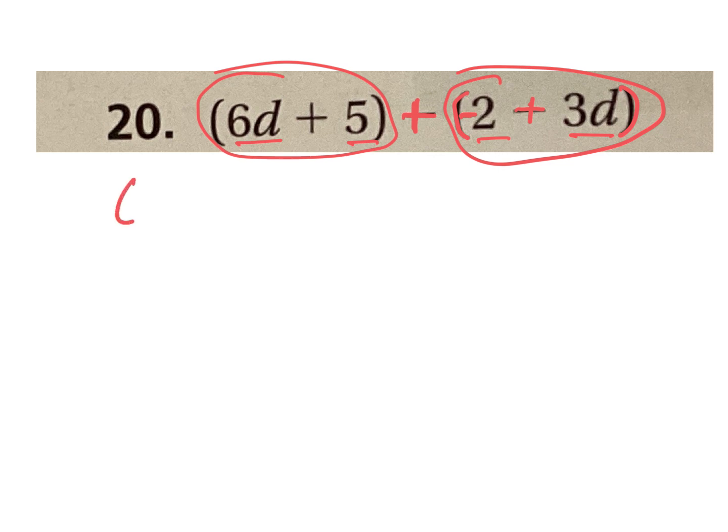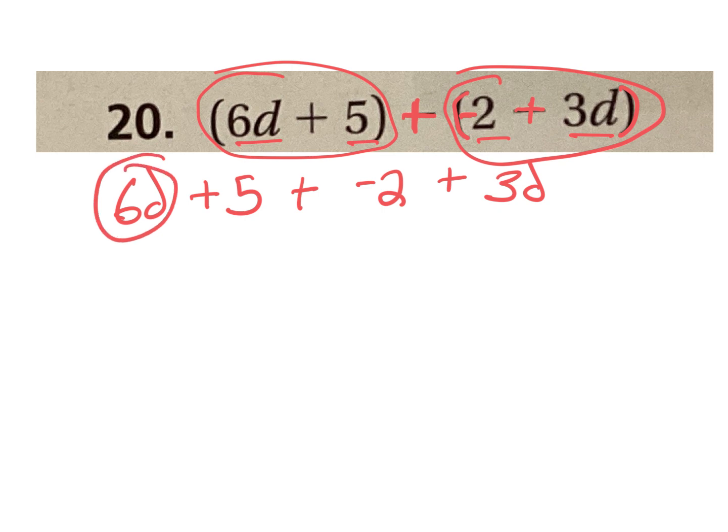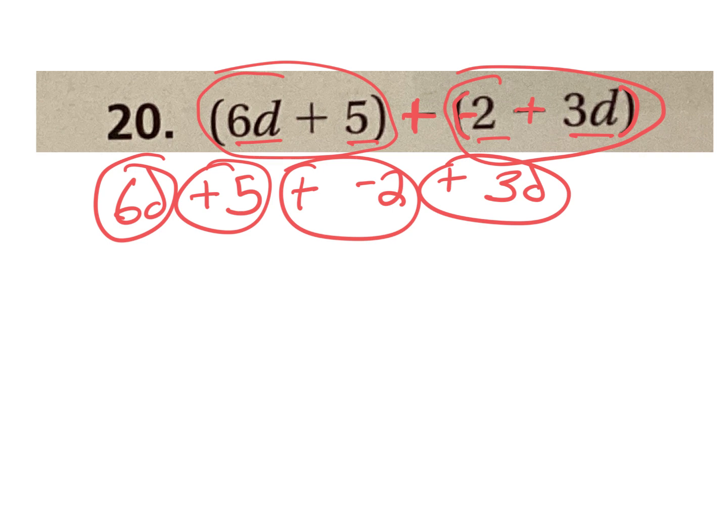So now it's 6d plus 5 plus negative 2 plus 3d. Now I have a term, a term, a term, and a term. Okay, I'm going to add all these together.